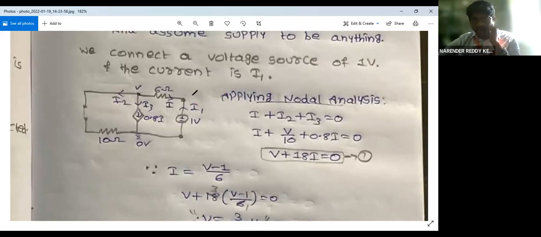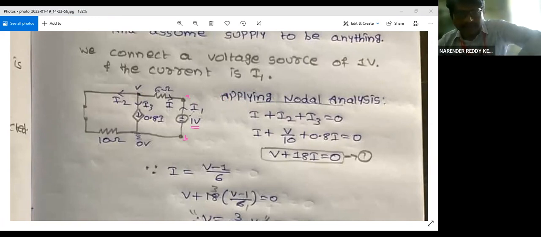Across AB, I assume 1 volt of voltage source. You can assume any value of voltage. Even if you are interested, you can also use a current source there. All our intention is just to find the amount of current that is being supplied if I have a 1 volt source.